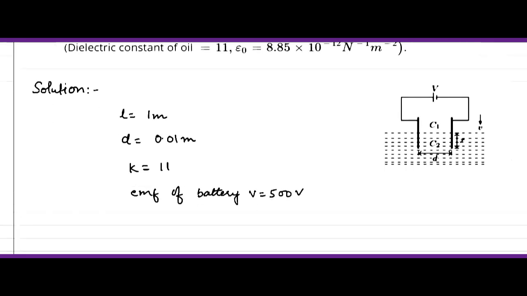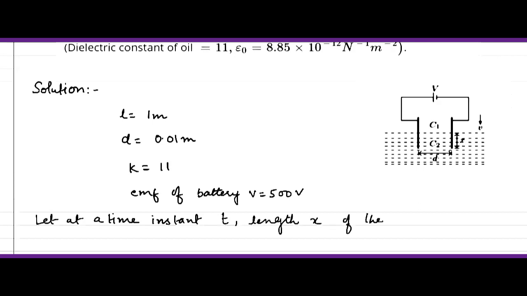So we will assume that at an instant t, length x of the plate be in oil, and the remaining length L minus x be in air.